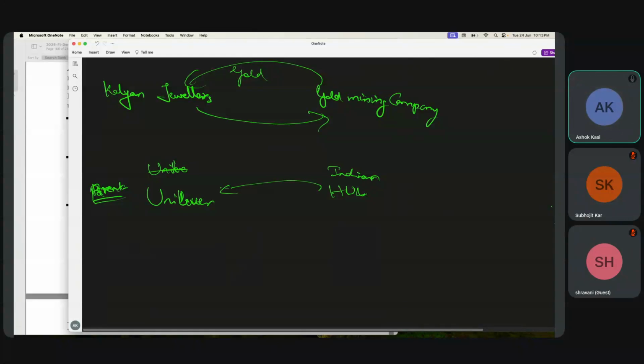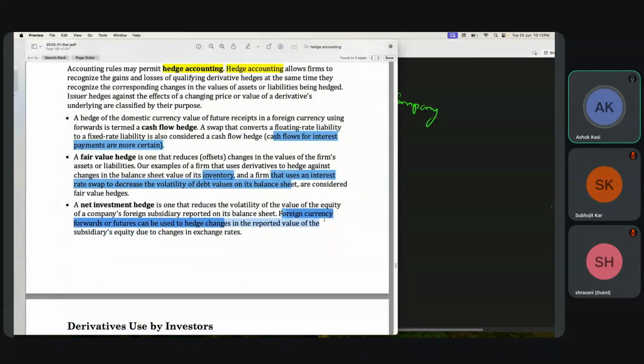Now they have done investments in Hindustan Unilever. Whatever profits they get, their share, when they take it to their country, because of the currency differences, the profit and loss may change highly. So in order to reduce or hedge that, they will also do hedging. So that is foreign currency forward futures. So what is done in order to maintain the subsidiary's equity, due to change in the exchange rate?